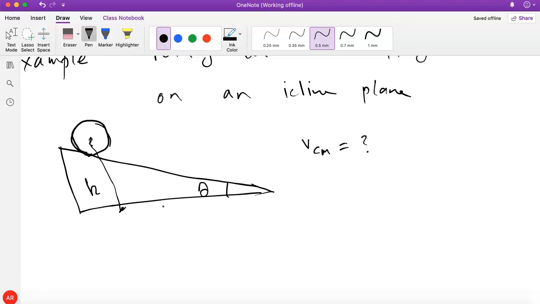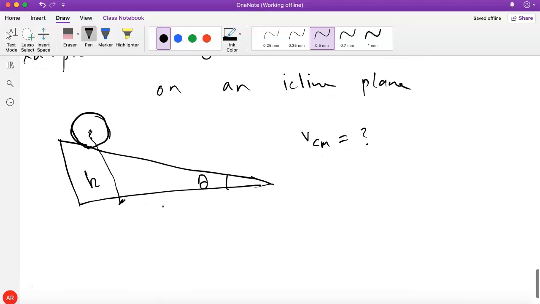Now, if you had a block or something, if there was no rotational motion, if all the kinetic energy were translational, then we know the change in potential energy is just mass times h times g, and that gives you the total kinetic energy, which is 1/2 mv squared, and you can easily find v from energy conservation.